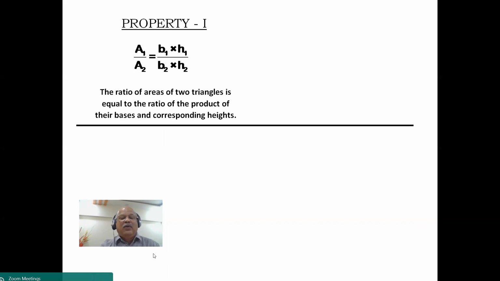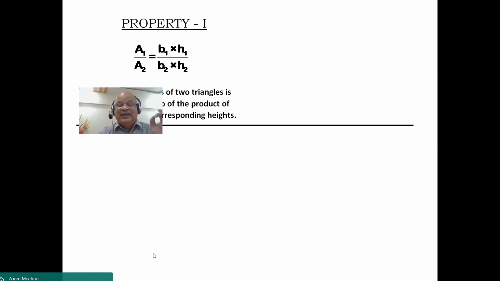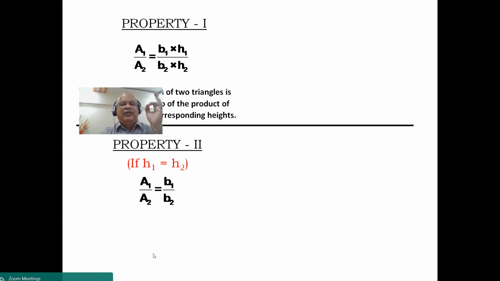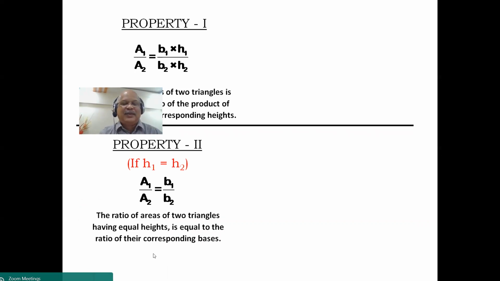Now children, if I go with the second property, in which let us say that the heights are equal, the heights will get cancelled, and the ratio of the areas will be equal to base upon base. In short, if the heights are equal, the heights vanish, and what is left are the bases.